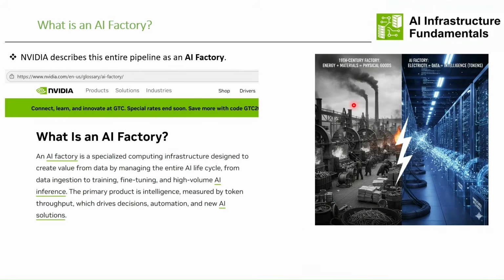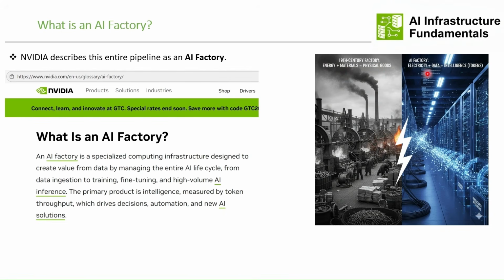So if you look at 19th century factories, it was the industrial revolution, the age of factories. The product was physical goods, but the input was energy plus materials. Energy and materials used to get supplied, and the outcome was physical goods.